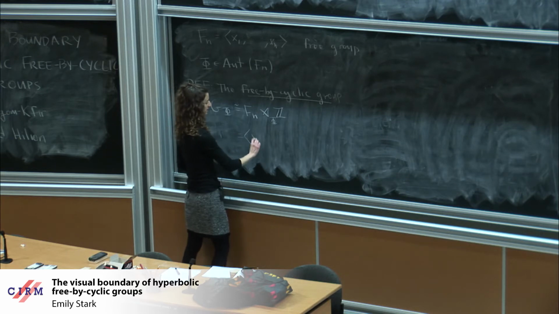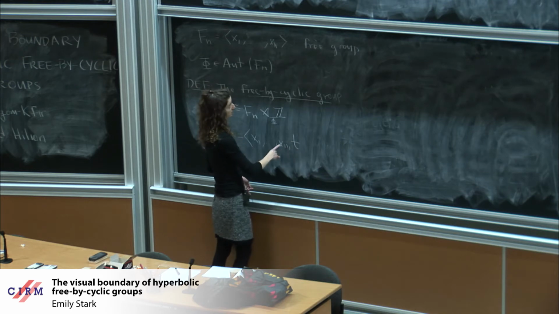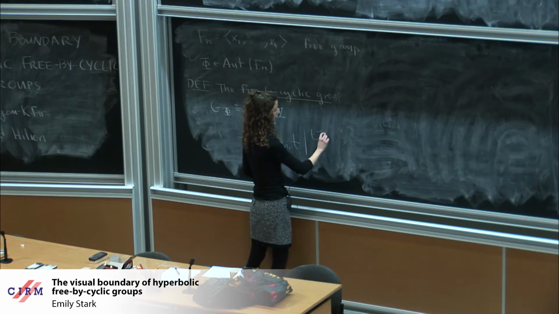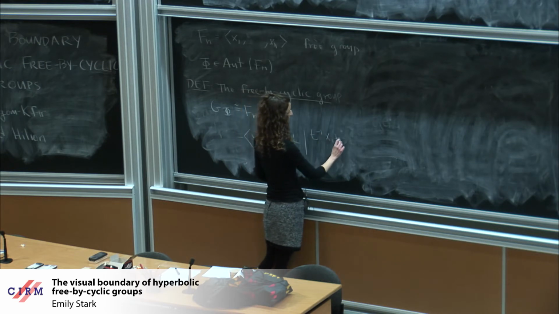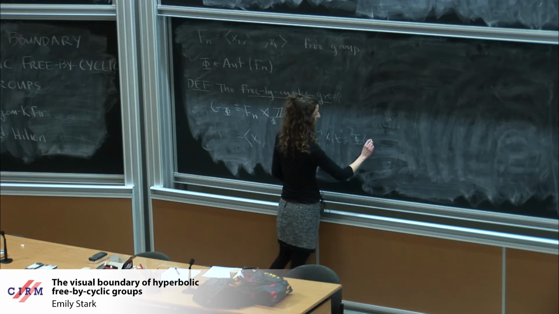It's an HNN extension and has a presentation with each of the generators from the free group, a stable letter T, and the relations that T conjugates each generator of the free group to its image under the automorphism.